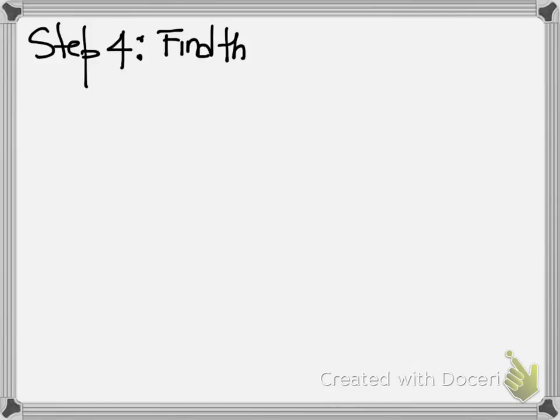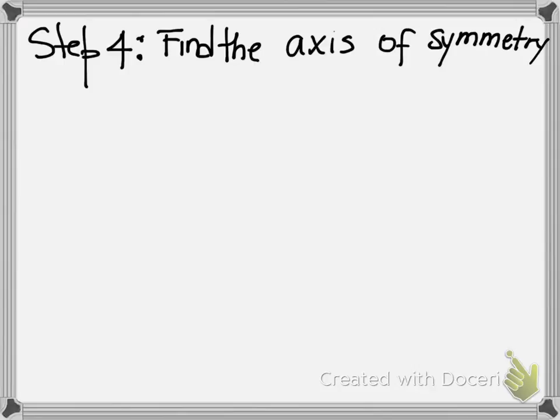The next step is to find the axis of symmetry. Remember, when you were in grade school, they asked you, is this thing symmetrical? The axis of symmetry, of course, cuts the graph in half, which means you want to see the middle point of the graph. Now, here's what we do to find the axis of symmetry.